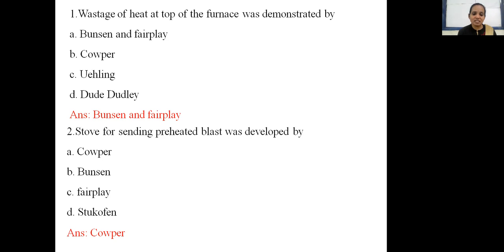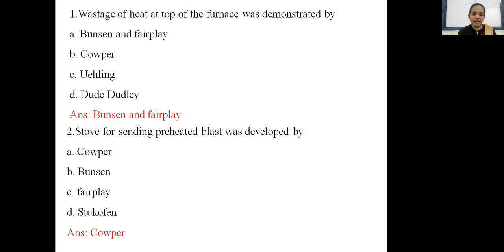Stove for sending preheated blast was developed by whom? Stoves are used to preheat the blast of air, and that will be sent through the blast pipe to the blast furnace through the tuyeres. A huge bustle pipe encircles the peripheral wall of the furnace. Through that, the tuyeres are connected. Through those tuyere nozzles, preheated blast of air is injected under pressure into the blast furnace.